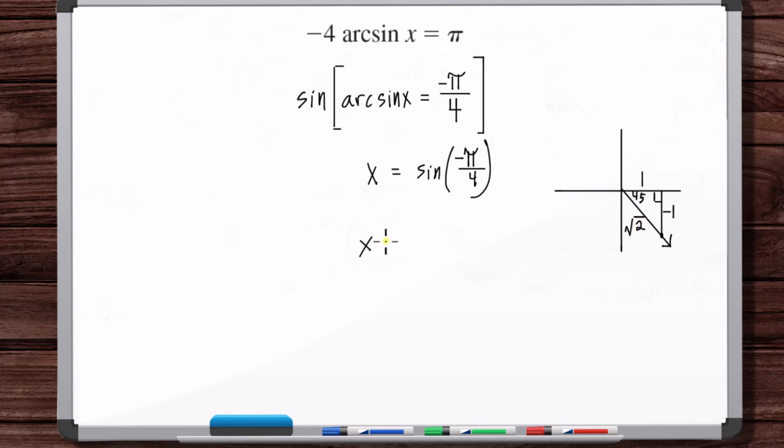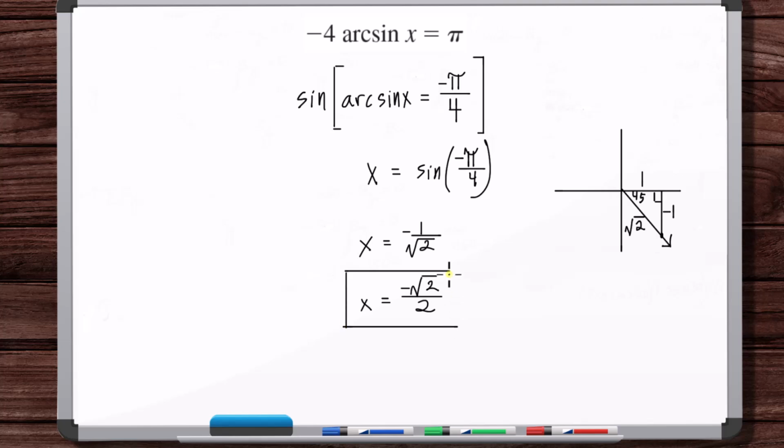So sine of minus pi over 4 is opposite over hypotenuse, so minus 1 over root 2. We can rationalize this, and we've got minus root 2 over 2.